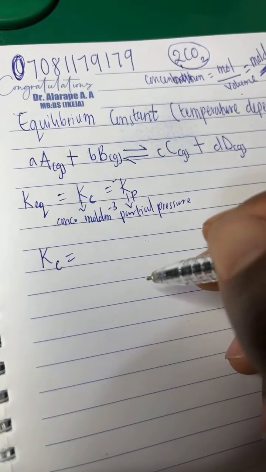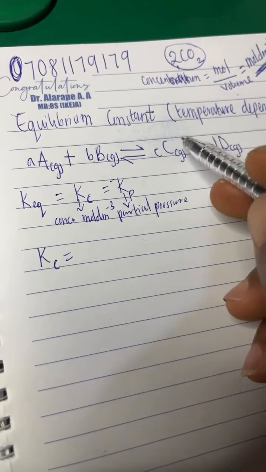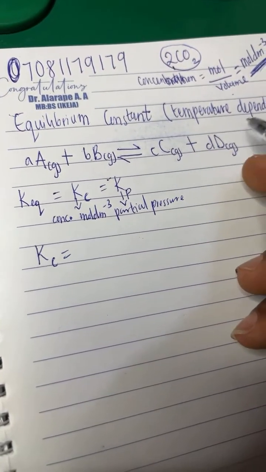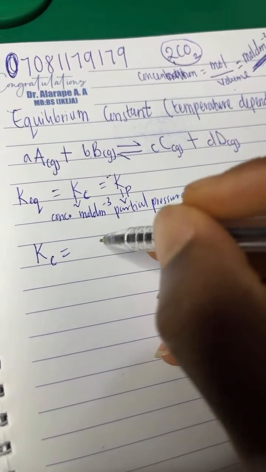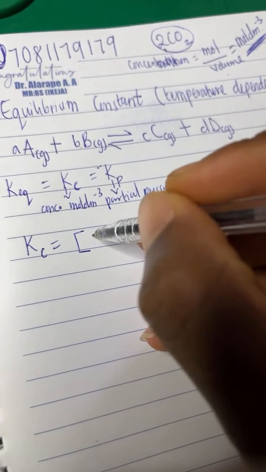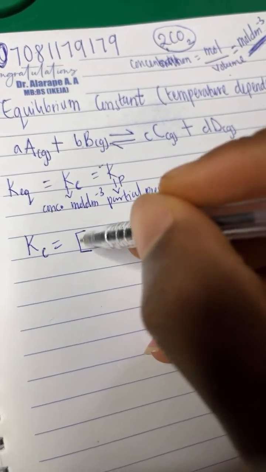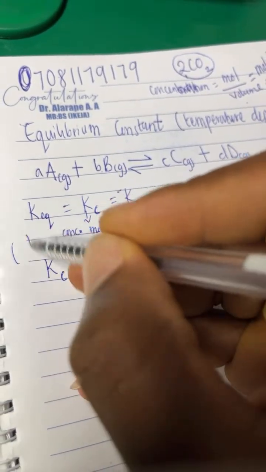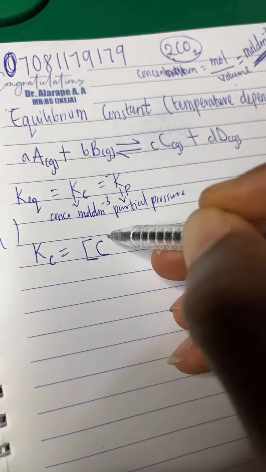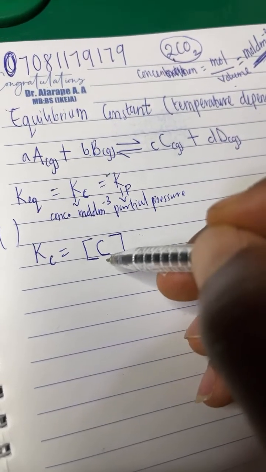Here, our products are C and D. So if you want to write concentration in chemistry, instead of writing the word concentration, you can just write this type of bracket. You see that this bracket is different from this bracket. If you see this kind of bracket in chemistry, just know that they are talking about concentration.